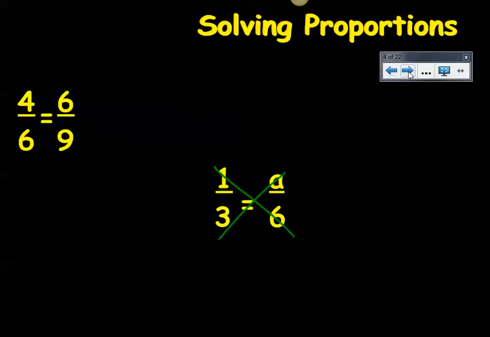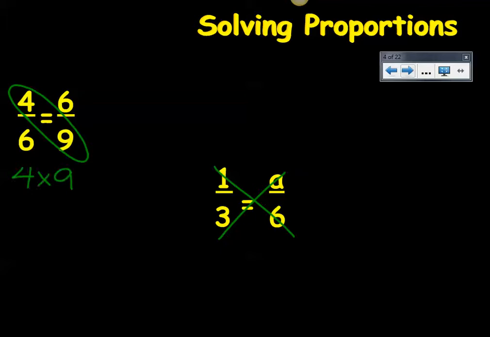Let's practice one real quick. So under where it says cross products, let's write down this ratio right here, 4/6 equals 6/9. I want to find out, is this a true statement? Okay, so you should have that written down. Well, we learned that the cross products have to be equal in order for it to make a proportion. So one cross product is going to be 4 times 9.